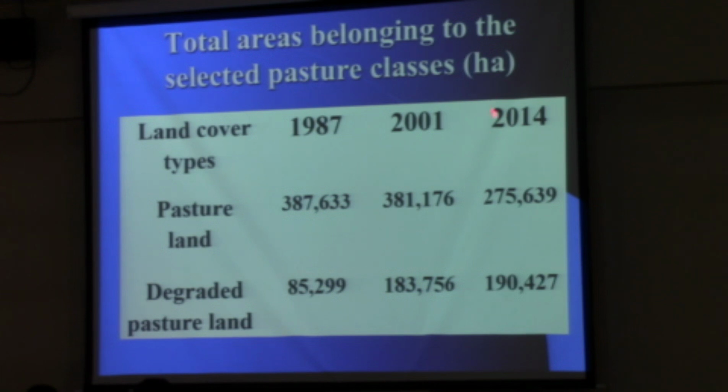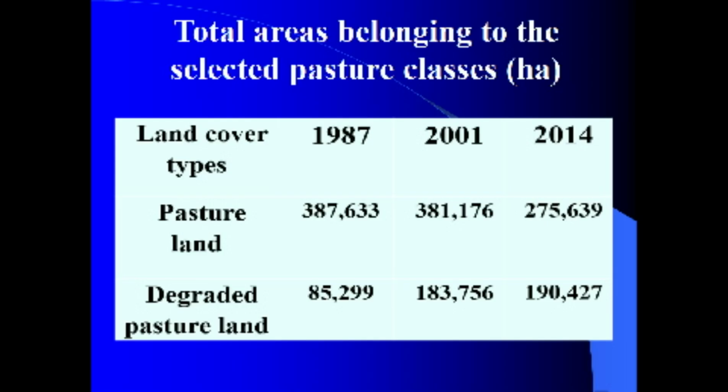And if you look at the areas in 2014, the pasture land occupies 275,600 hectares. Meanwhile, degraded pasture land occupied 190,000 hectares. As you could see, since 1987, the degraded pasture land had increased even more than double.